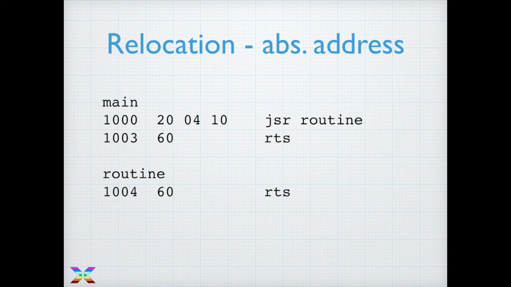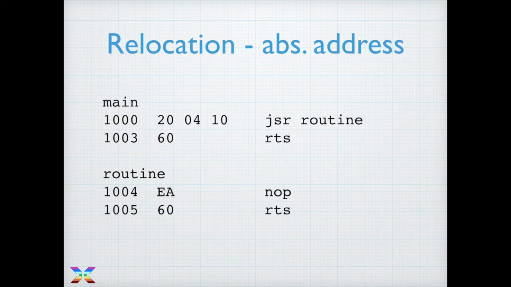Let's look at an example here with 16-bit addresses. My main program doesn't do much, just calls a routine. And the routine, of course, doesn't do very much either, it just returns. The routine starting at 1004 is called correctly on that very first instruction, the jump subroutine. If I add some functionality to the routine, it doesn't change anything.